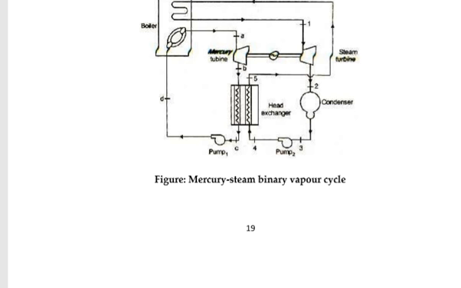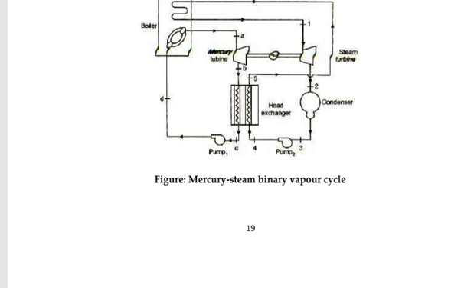The steam then expands in the steam turbine. In the steam boiler, the steam is generated and superheated and then enters the steam turbine. The steam is superheated by the hot flue gases and then expands in the steam turbine.